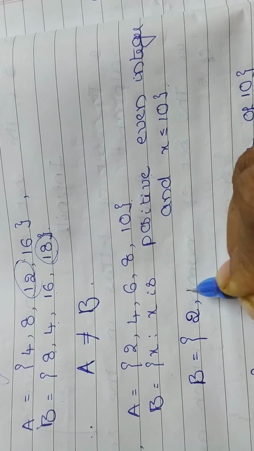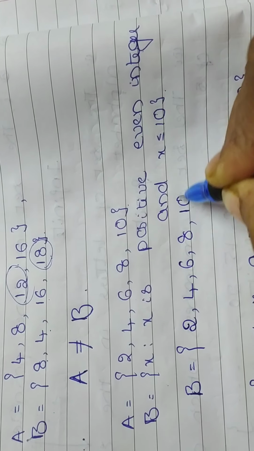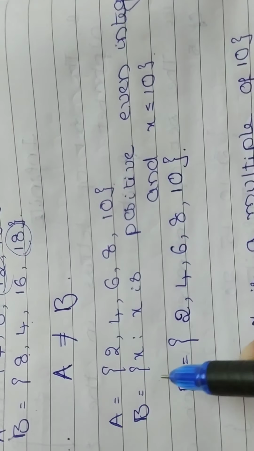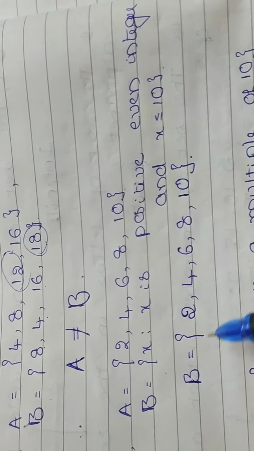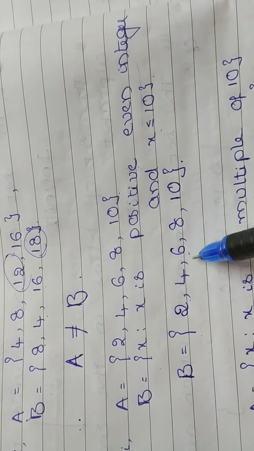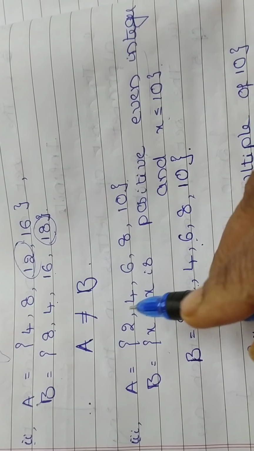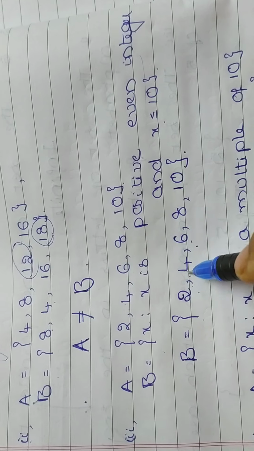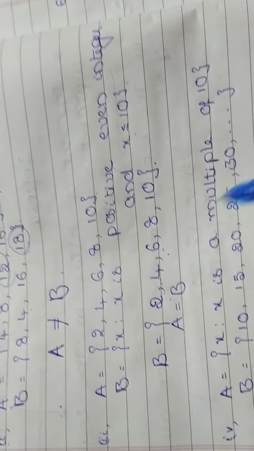So we will start with 2, 4, 6, 8, 10. So here A also we got 2, 4, 6, 8 and 10, and B also, according to this set builder form, if we write it in the roster form, we got like this. Therefore both the sets contain the same elements. Therefore A equals B.